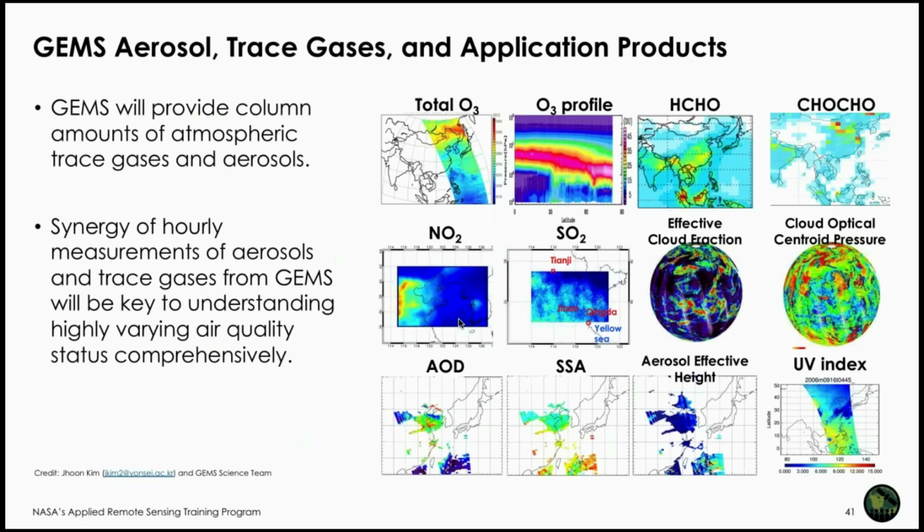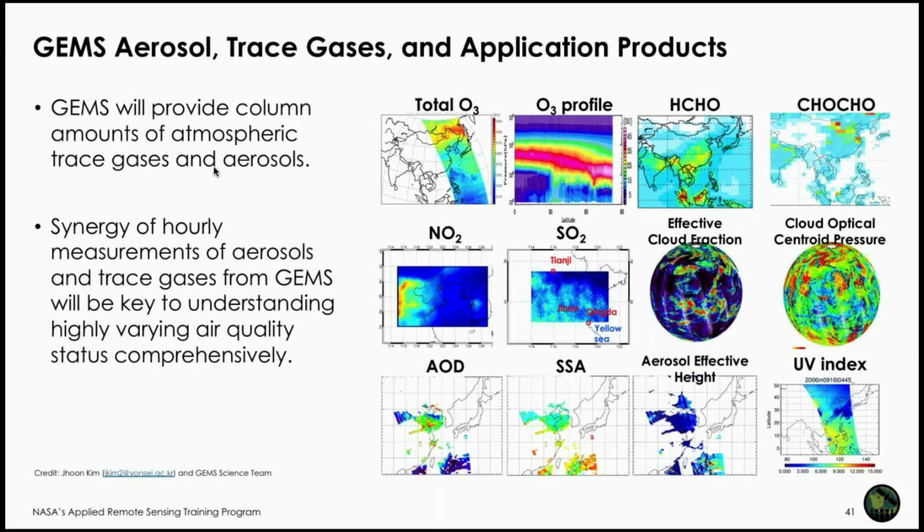This is the GEMS aerosols, trace gases, and application products. As I explained in the introduction, GEMS will provide column amounts of atmospheric aerosols and also trace gases.